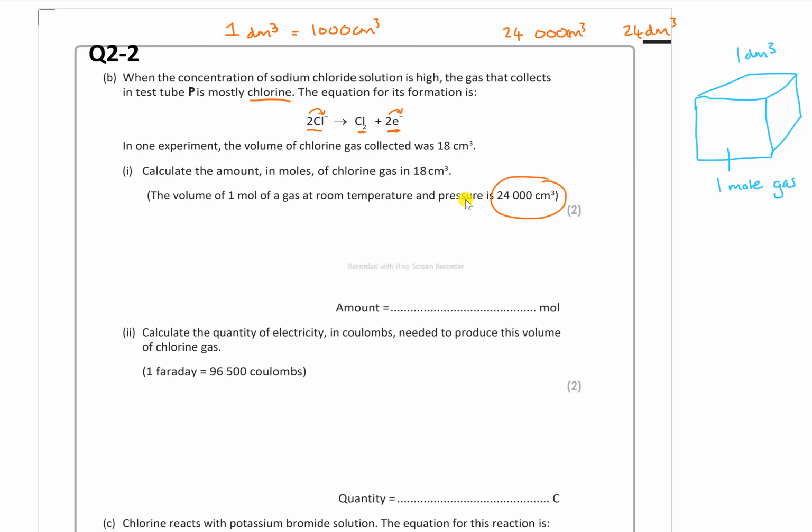Let me go back. Right. For 1 mole of gas, we need 24 decimetre cubed, and they give you that here. But they've given it in centimetre cubed, so I can say 1 mole is equal to 24,000 centimetre cubed. There you go.